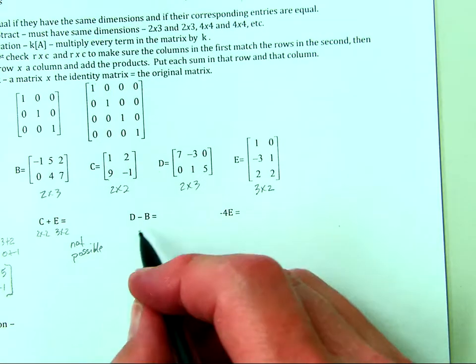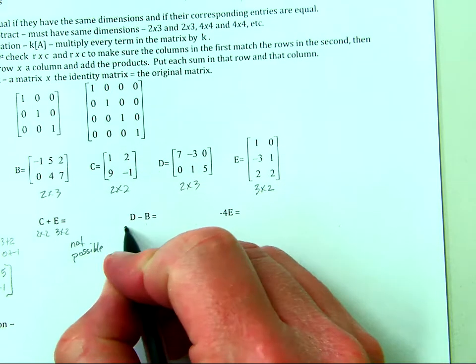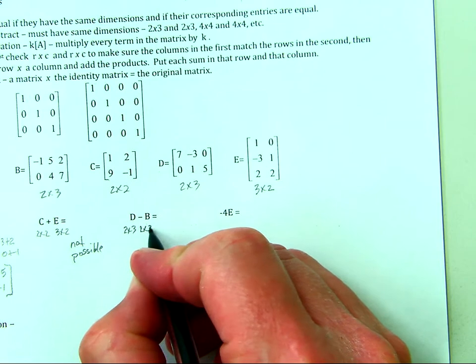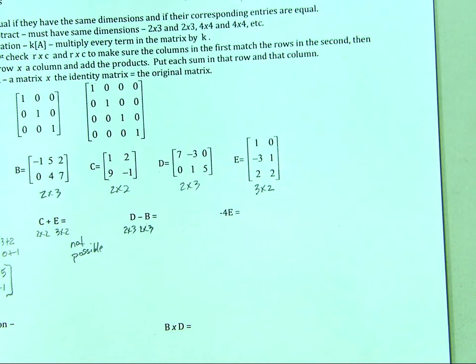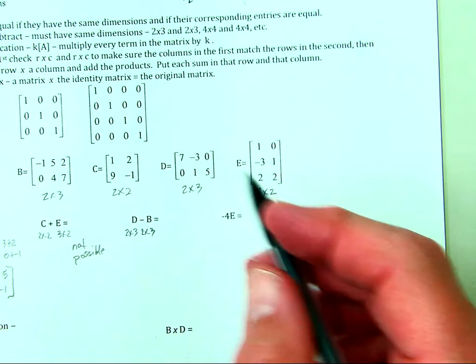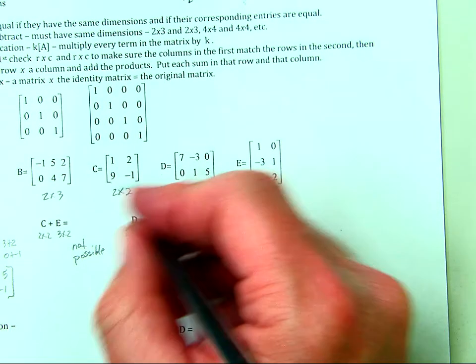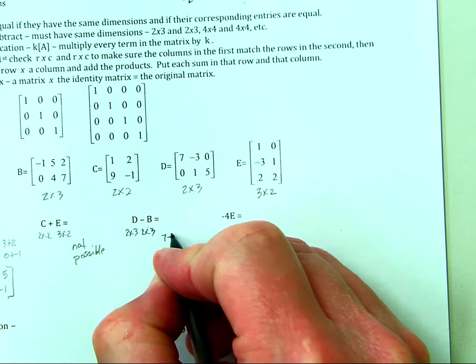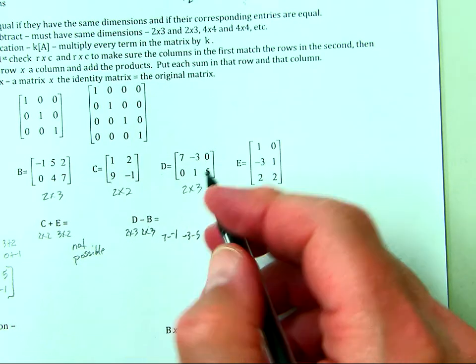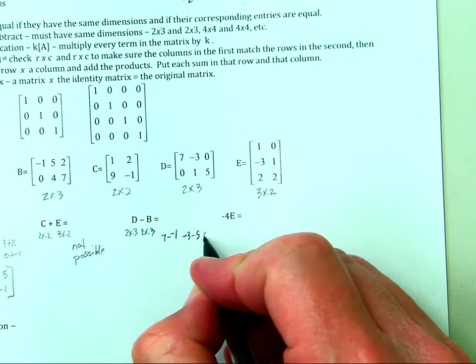Here, D minus B. Well, D is a 2 by 3. B is a 2 by 3. So there, we're okay to subtract. So we just take every entry from D and subtract its corresponding entry from B. So that'd be like 7 minus a negative 1. Negative 3 minus 5. 0 minus 2.